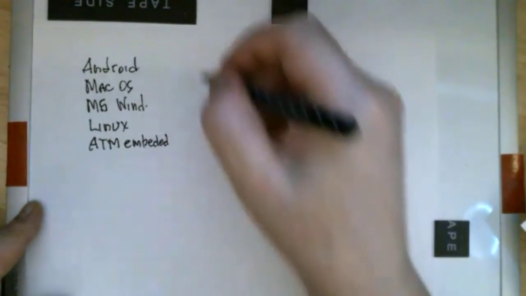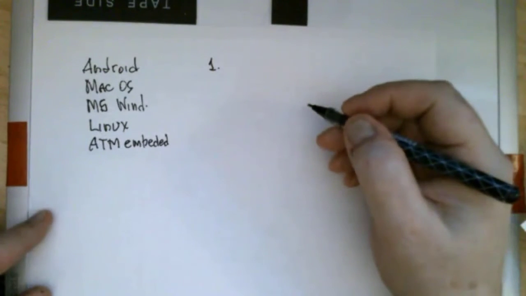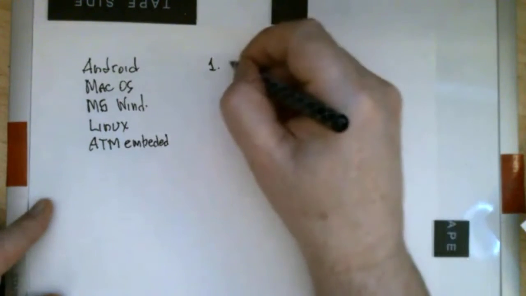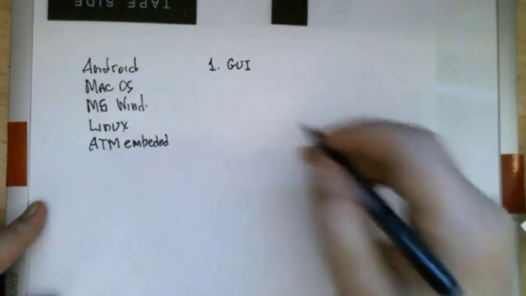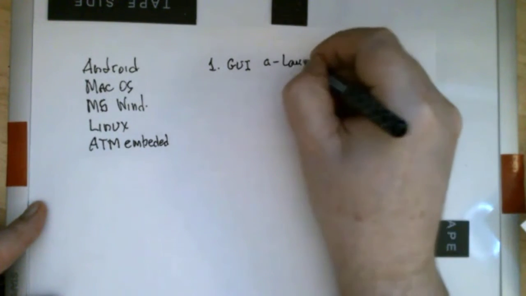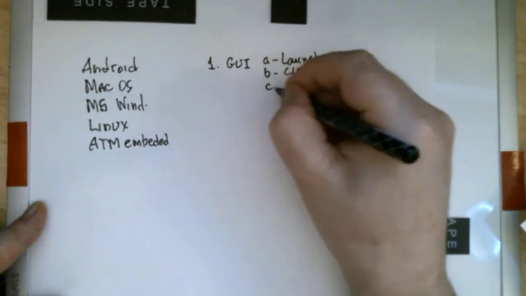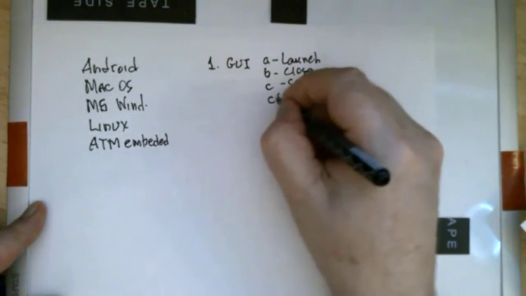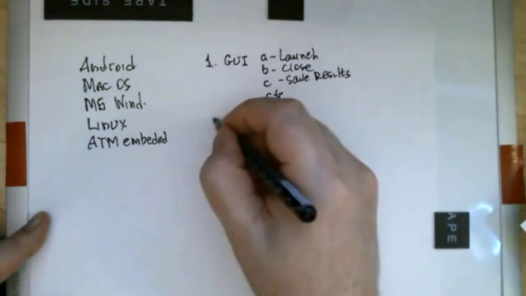Now, what are the functions of the operating system? Let me tell you, folks. Of course, I will not list all of them. Number one is the GUI. The GUI provides a user interface and allows you to launch programs, close programs, save results, etc. The GUI actually is the control function for everything.